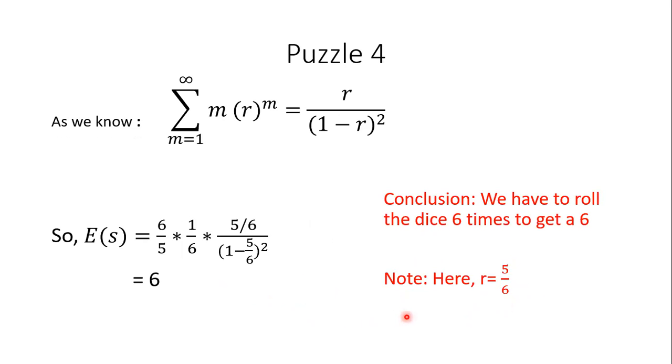Now we know that the sum of m times r to the power m, from m equal to 1 to infinity, can be expressed in simple terms as r divided by (1 minus r) squared. So we can use this to simplify the expected value of S.